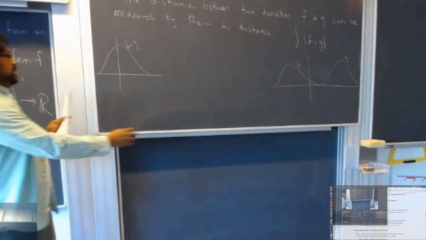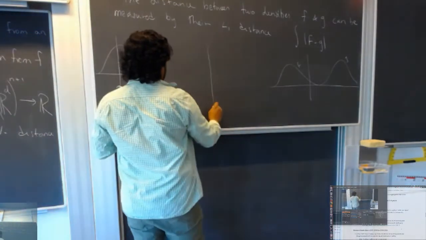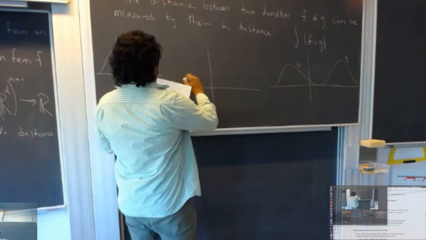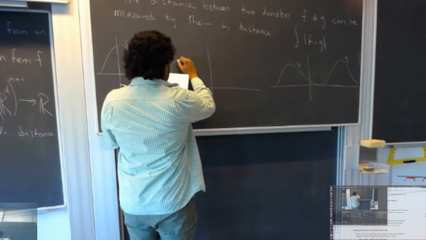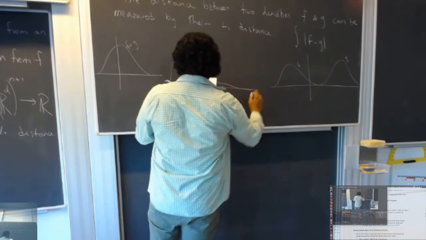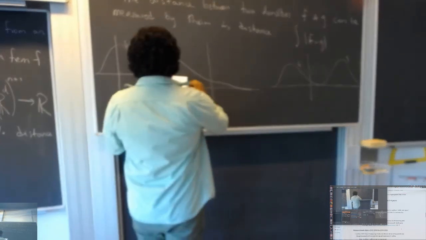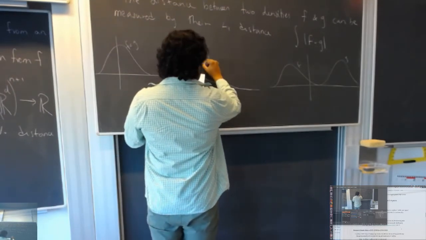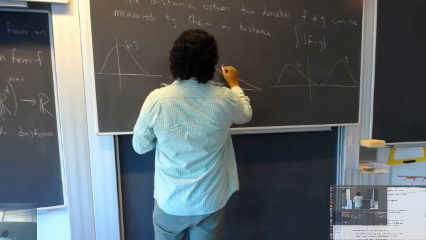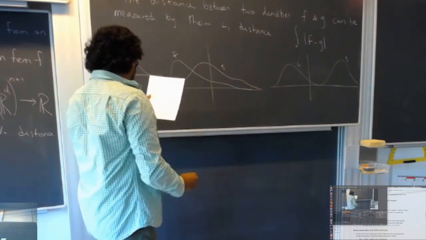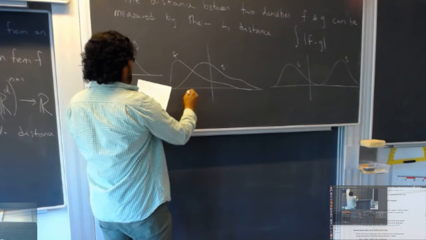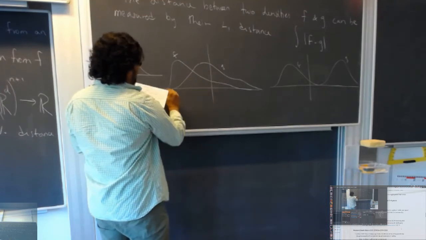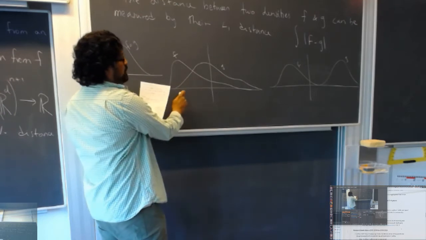And then somewhere in between, you have all sorts of scenarios. Let's make a generic picture. Something like this is my f, and something like this is my g, and let me look at certain points. This is basically the set of all x where f is strictly greater than g.